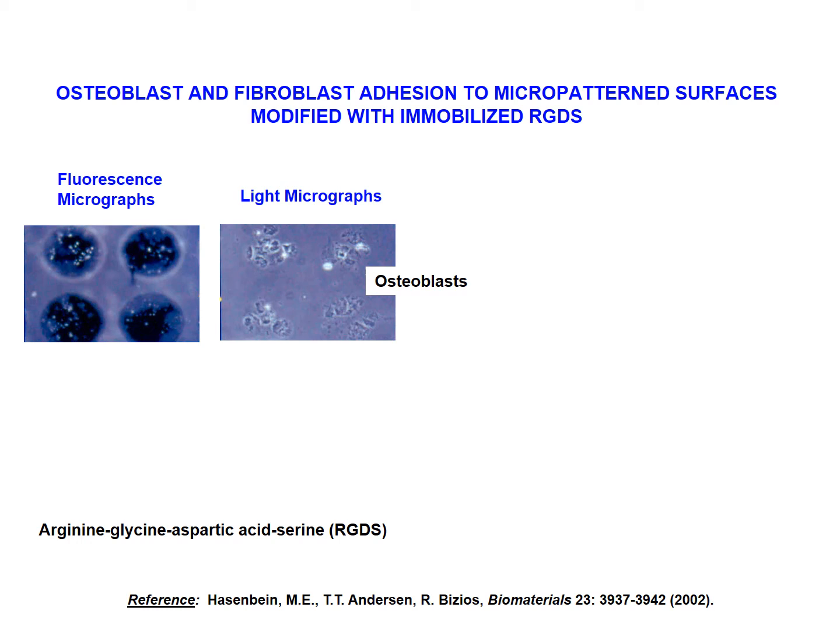On the frame under fluorescent micrographs, you see the circles of the micropattern. On the photograph, or I should say the micrograph next to it, the light micrograph, you see on the same frame the osteoblasts which are adhering inside the circles which were chemically modified, and they are forming very nice colonies.